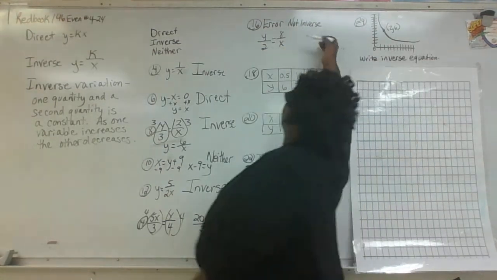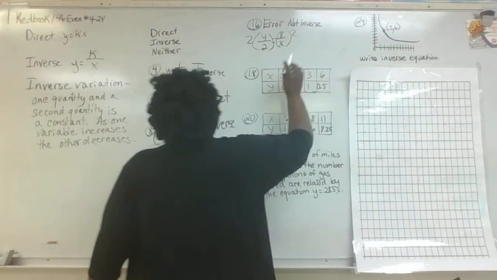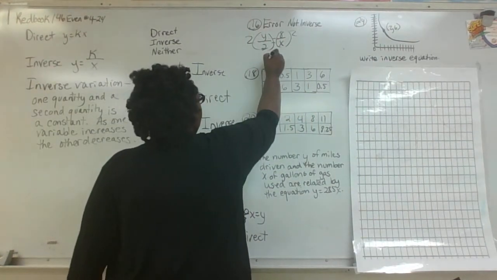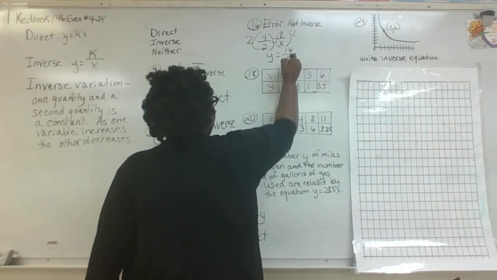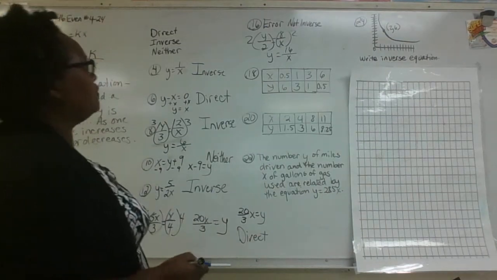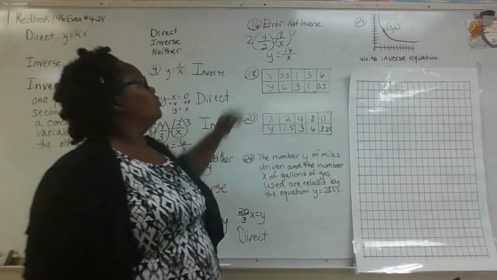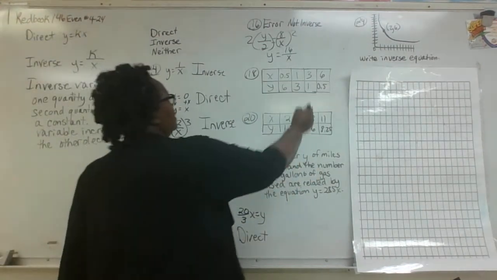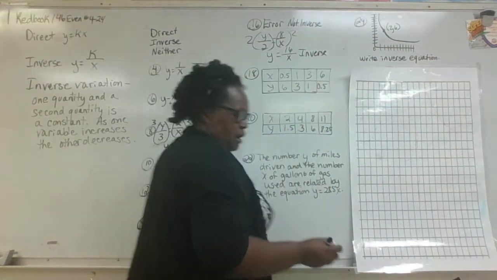Instead of dividing by 2, we're going to multiply by 2. That will cancel out the 2 so that y will be equal to, in this case, 16 over x. And so we can say, yes, based on this equation, we have an inverse operation.